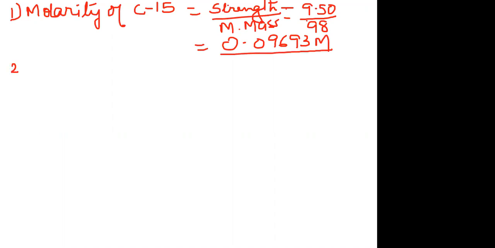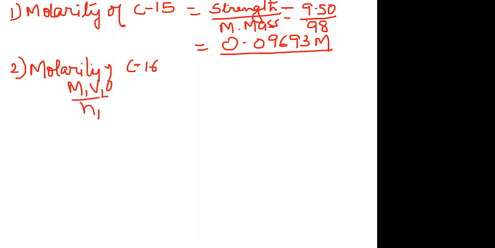Coming to question number 2, we have to find out the molarity of sodium carbonate solution, that is C16. For this, again, we will be using the molarity equation. I can write M1 V1 by N1, this is for H2SO4, and this is equal to M2 V2 by N2, this is for sodium carbonate solution.